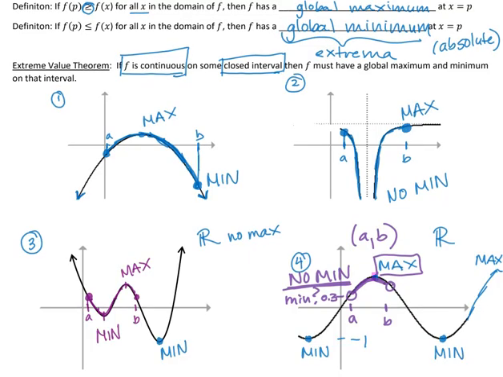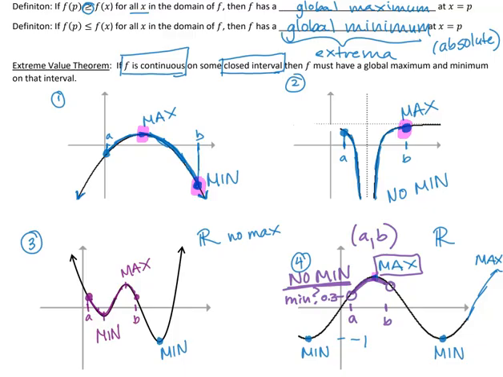So those are some of the weird things that can happen. Next, I'd like to go back and look at where the global maximums and minimums happened and use that to develop a strategy for finding them. On graph number 1, the maximum happened at a critical value, the minimum happened at an endpoint. On graph number 2, the maximum happened at an endpoint and there was no minimum.